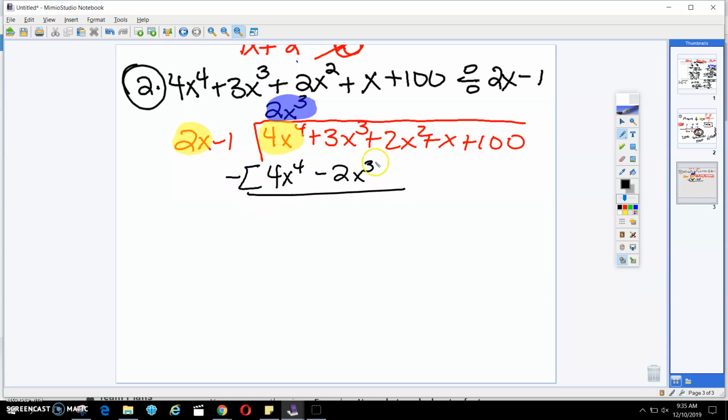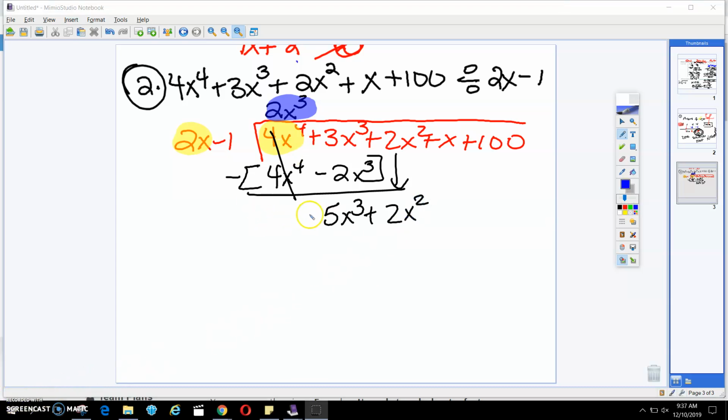We draw our line and change our sign, which means we're going to subtract. When we subtract, this stuff cancels out. Then 3 minus negative 2 is going to give me a positive 5x cubed. And then we're going to bring this guy down right here.